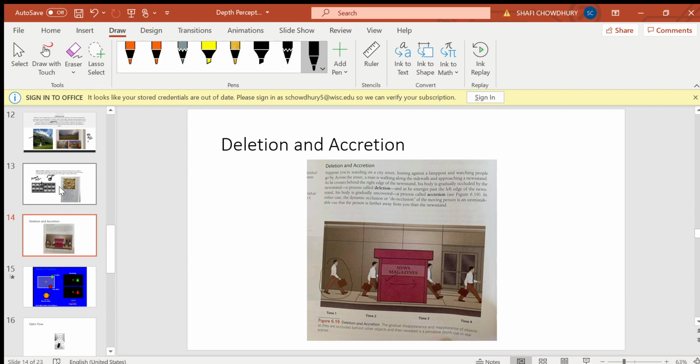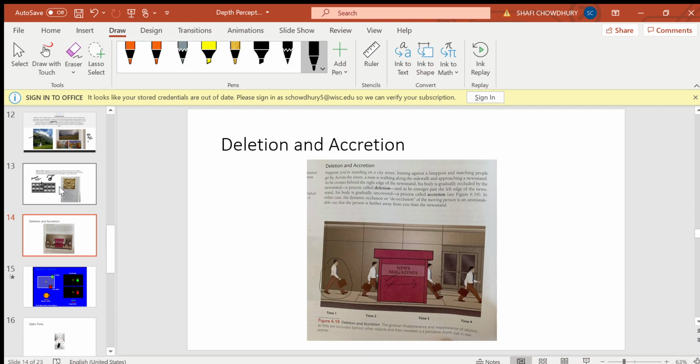So this is the deletion, blockage, and then this is accretion. Those two things together give you the perception that the person walked, moved, and passed through that object, right?